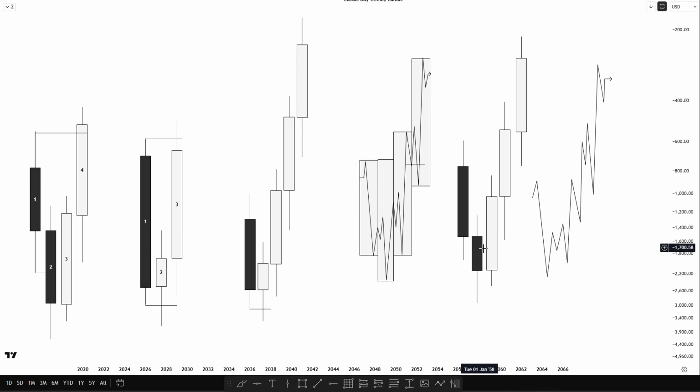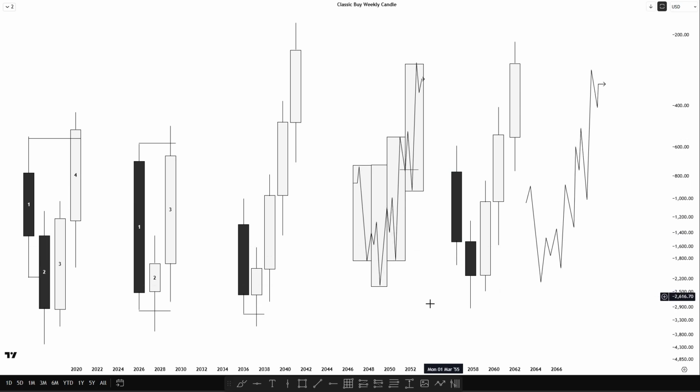And the same thing on the swing formation model. Let's say that this is Friday. So you have Thursday, Friday, Monday open high, form a swing, and Tuesday is a high probability expansion, classic buy. Tuesday, Wednesday, even high probability.